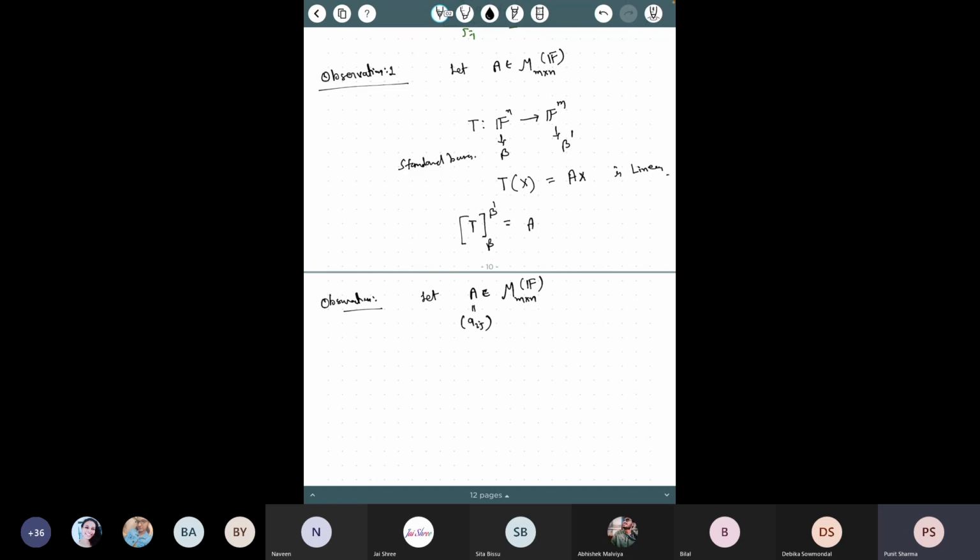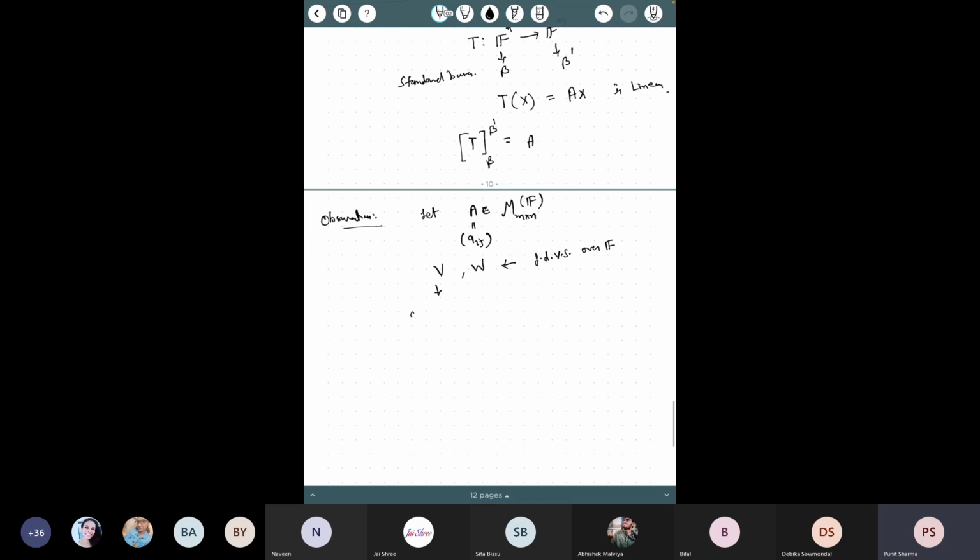And then we have two vector spaces, one is V and one is W. Both are finite dimensional vector spaces over the same field F. Assume that the dimension of V is n and the dimension of W is m.